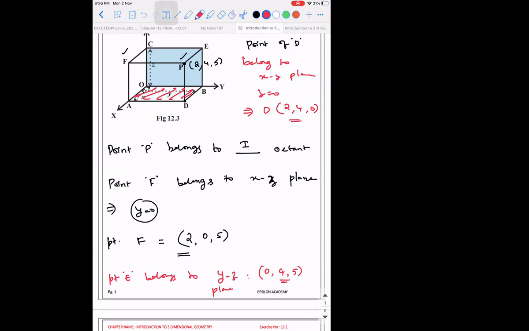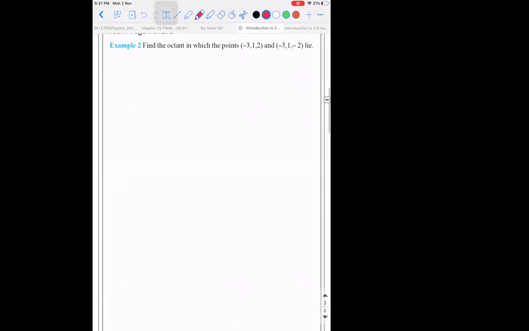So coordinates of point A. Point A does not belong to a plane. It belongs to the x-axis. X-axis means Y comma Z both are 0. So what will be the coordinate of that point? 2 is a distance.